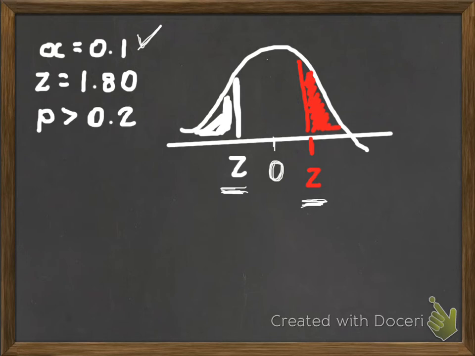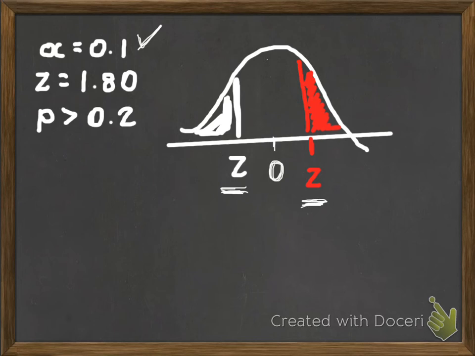Once we get that z-score, we know that the red z is going to be the same z-score with the opposite sign. So we look in table A2, and look not for the z-score, but for 0.1 in the body of the table. Find the closest value you can to 0.1, and you know it's going to be one of the negative z's because we're to the left of 0.